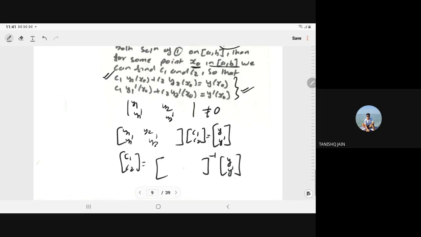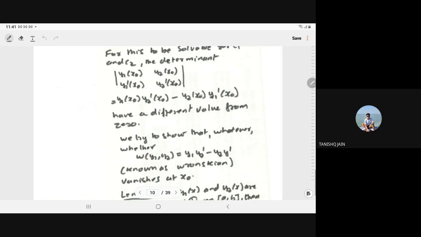This inverse exists when this determinant is non-zero. So for the existence of the solution for this system of equations, this determinant should be non-zero.